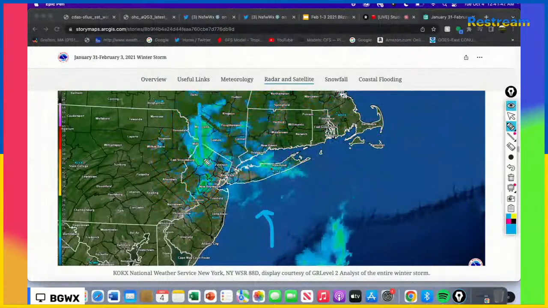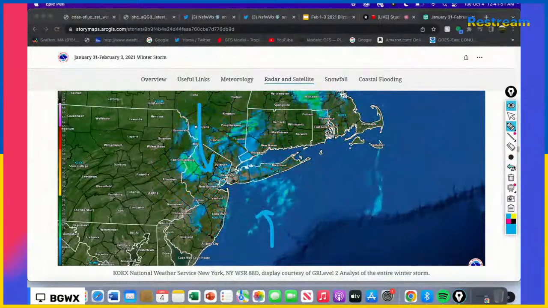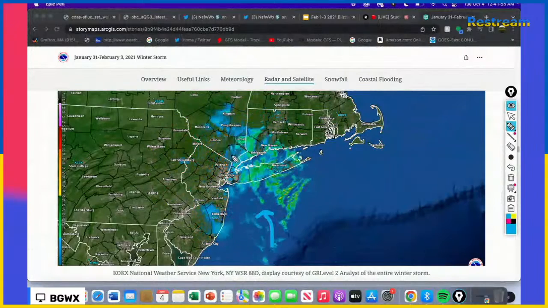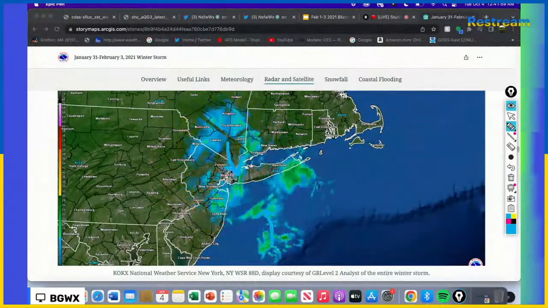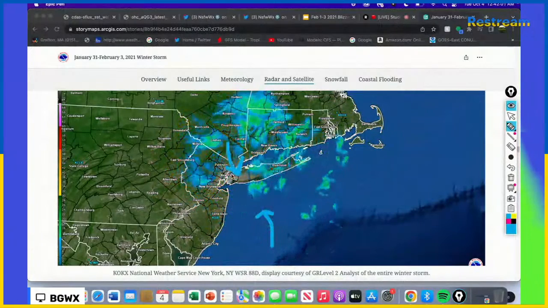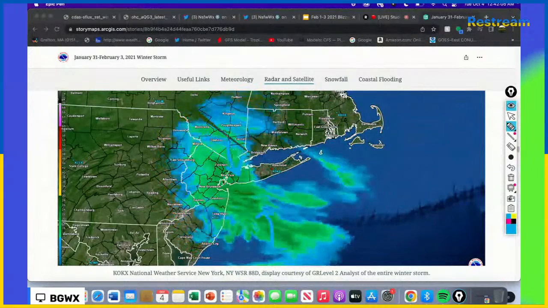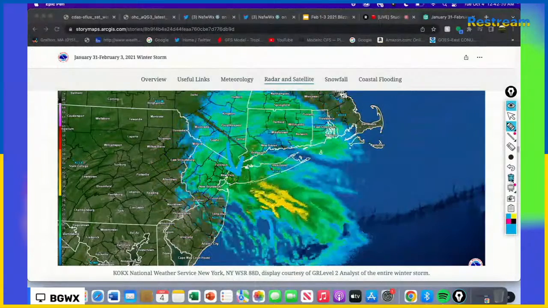And now banding starting to work down this way. Storms kind of starting to pull out at this point. But as it pulls out, there's still so much energy left over, and there's still enough moisture that it's able to get pumped out. And for days, we saw snowfall with this system.